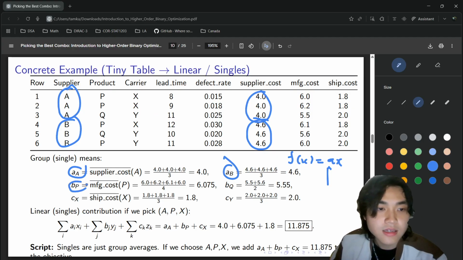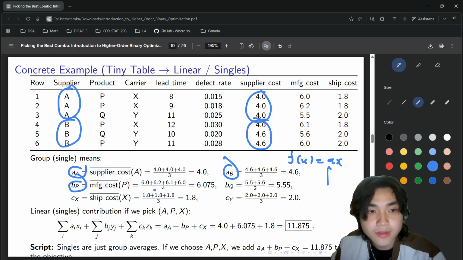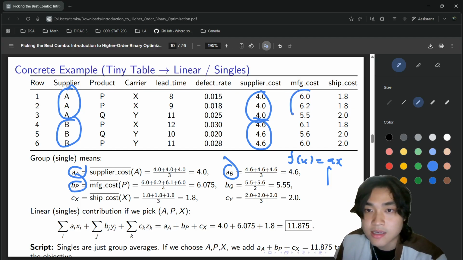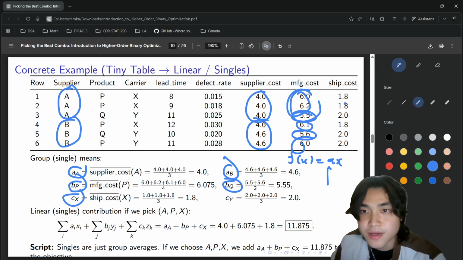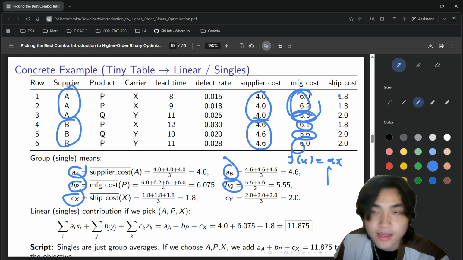And over here, BP, manufacturing costs, we're summing this and this, getting the average. Then over here, we are getting the average of 5.5 and 5.6. Shipping costs, for the carriers, we are averaging out the X and Y separately.